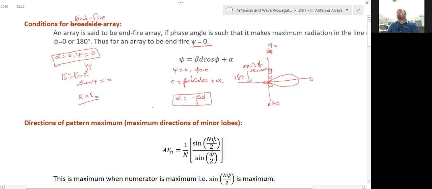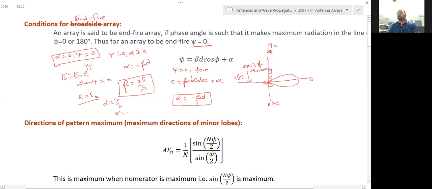So as I said earlier, the conditions for end fire array: psi is equal to 0 and alpha not equal to 0. And what is that alpha? Alpha is equal to minus beta d, where beta is equal to 2 pi by lambda, and d is the spacing between the elements. So for example, if spacing between the elements is lambda by 2, then what is alpha?